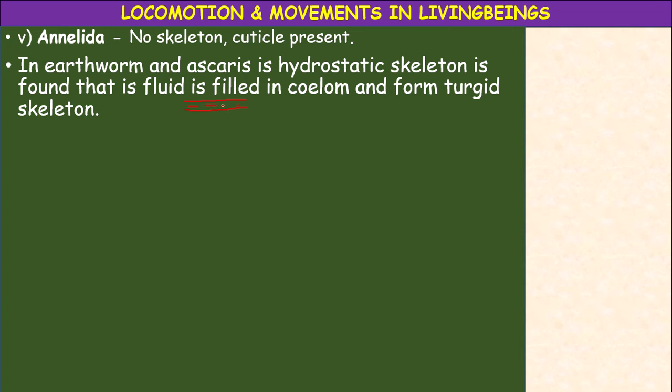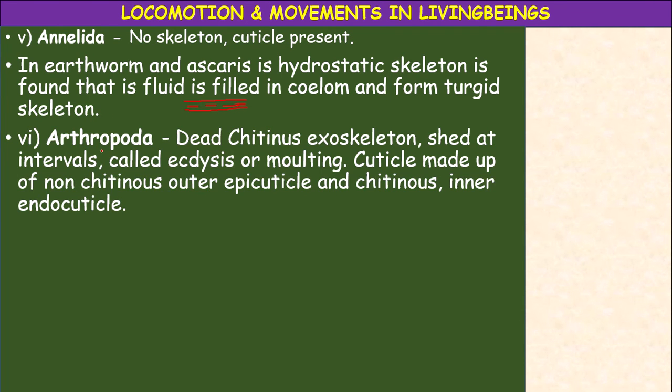This fluid filled cavity is called the coelom and it forms the turgid skeleton. Turgid means tough, or somewhat moist, sticky. When you see the earthworm externally, that coelomic fluid oozes out from the dorsal pores, from the cuticle.